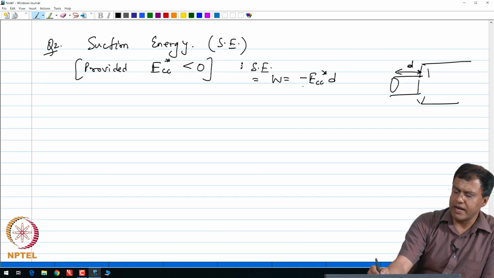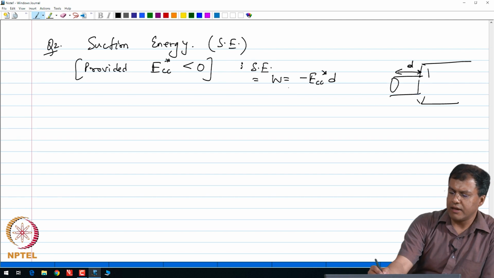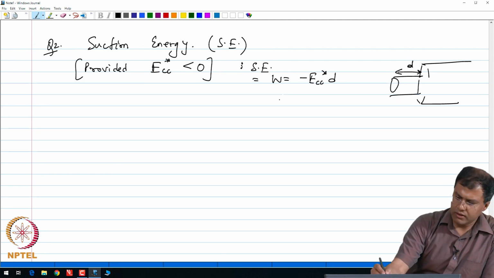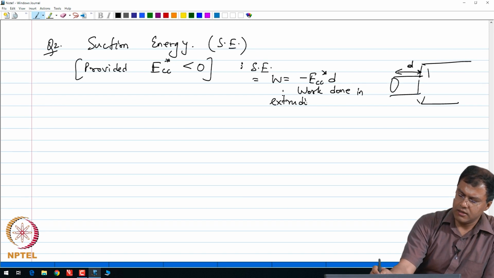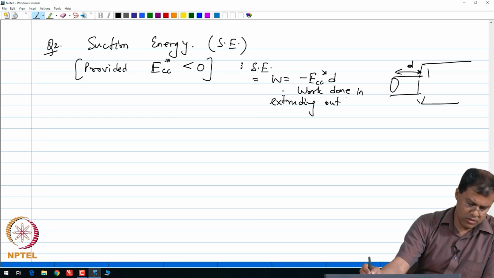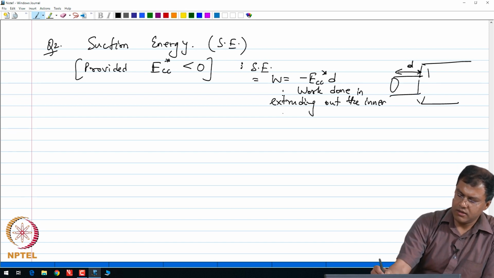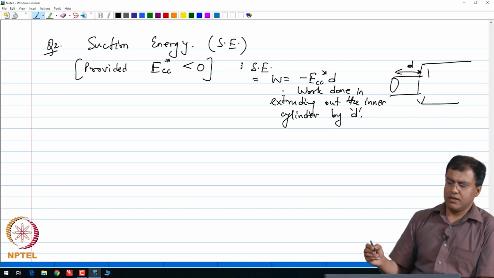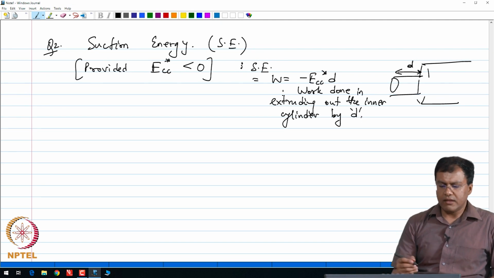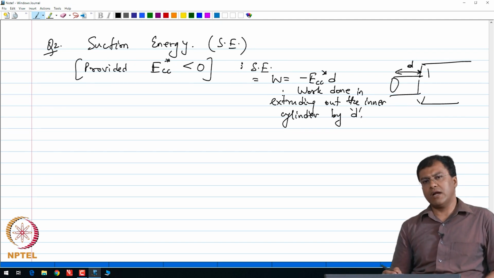Note that I have put a minus sign so that I can get a positive work done in extruding out the inner cylinder by a distance d. Okay. So, that answers what is the suction energy which will drive the system.